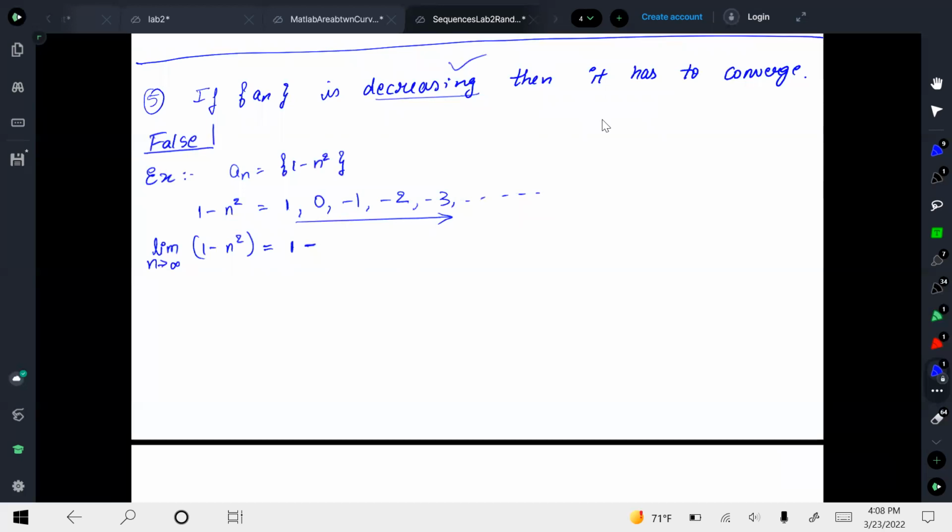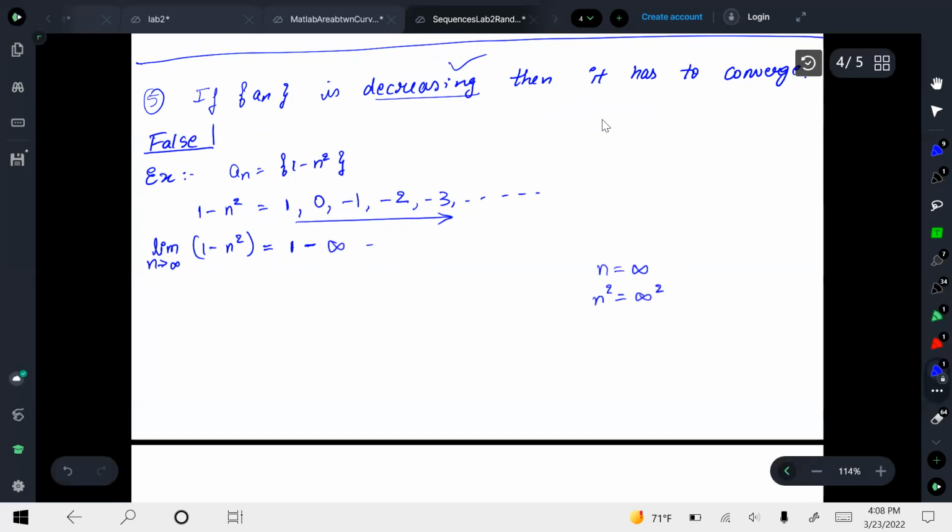If n goes to infinity, then n square will be infinity square, right? So definitely this is infinity. I can just write it as infinity. So 1 minus infinity, if you're just subtracting a very large number from 1, it doesn't make a difference. So I can write it as negative infinity, right?